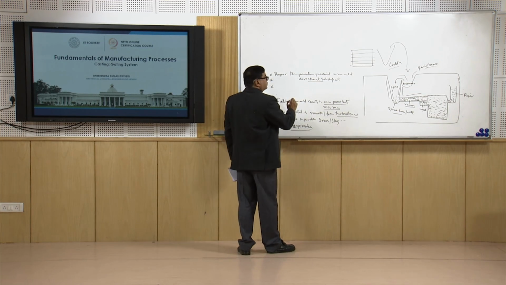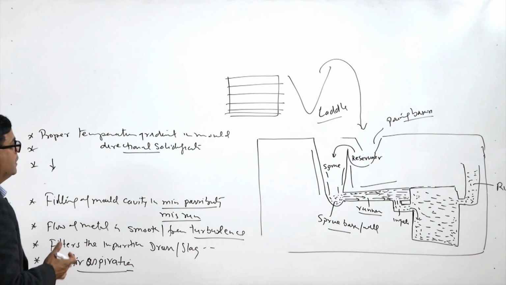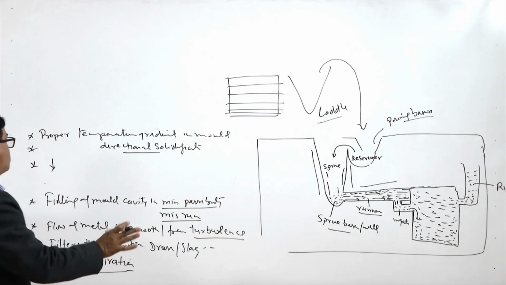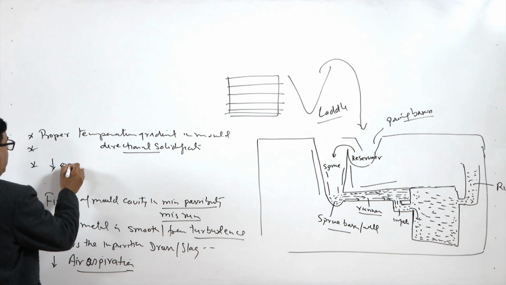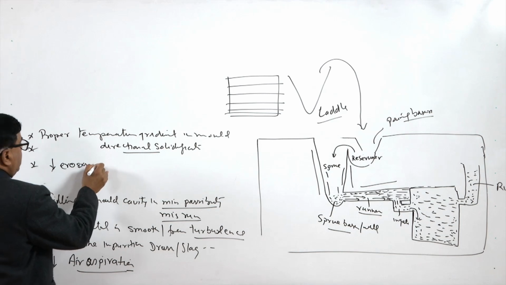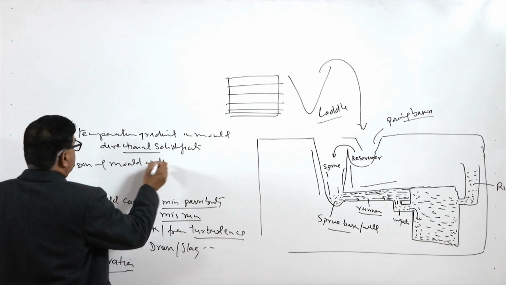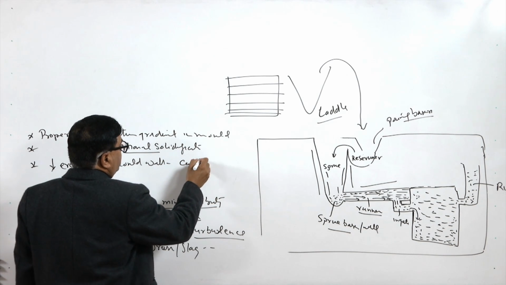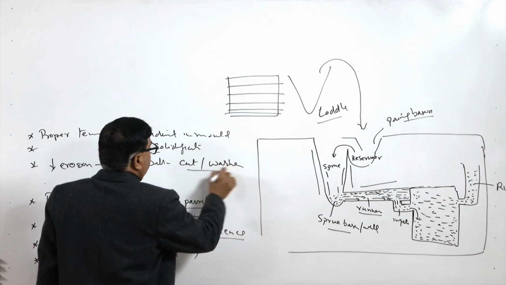The design of the gating system should be such that the flow of the molten metal is as smooth as possible, so that it reduces the erosion of the mold walls. Otherwise, if the mold erodes, it leads to defects like cuts and washes in the casting.